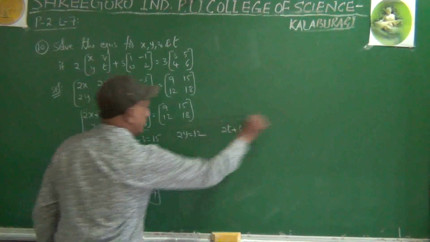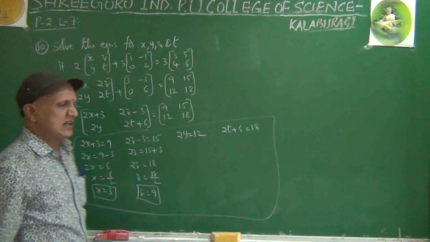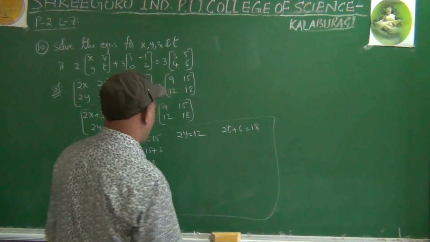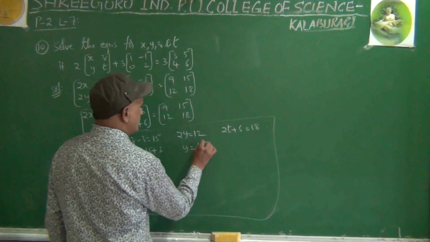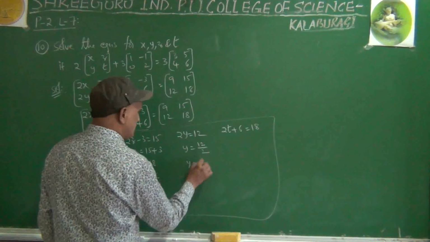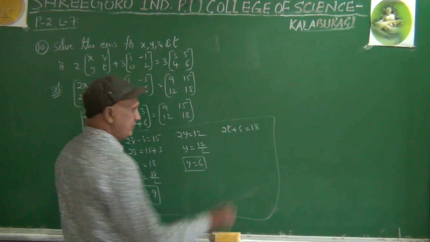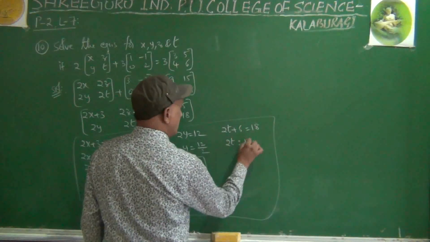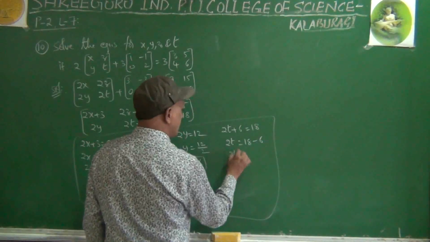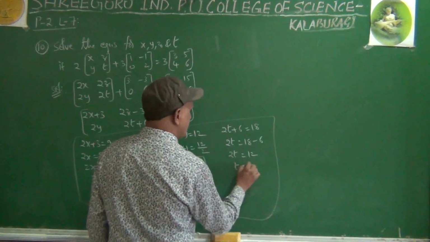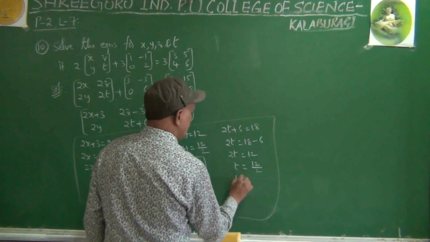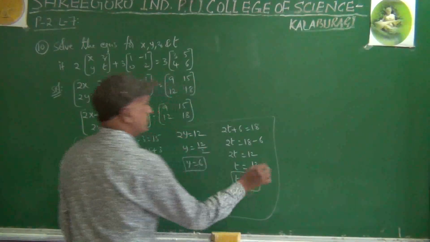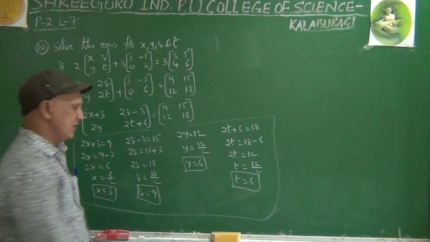This is completely lower class simplification. You have to do those. Y equal to 12 by 2, y equal to 6. 2t equal to 18 minus 6, 2t equal to 12, t equal to 12 by 2, t equal to 6. Okay.